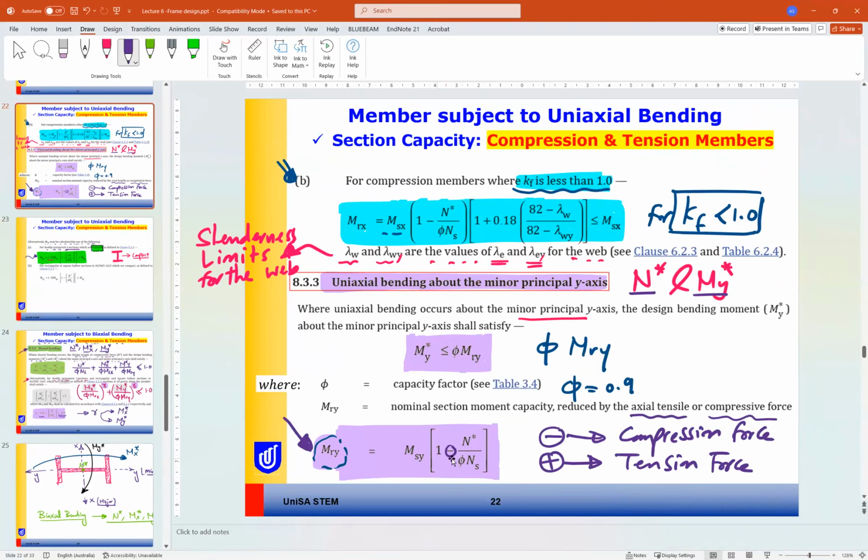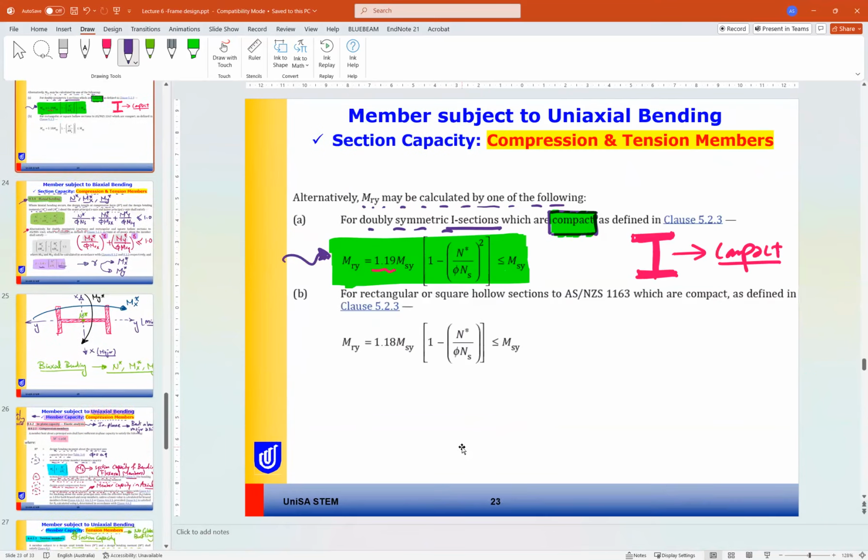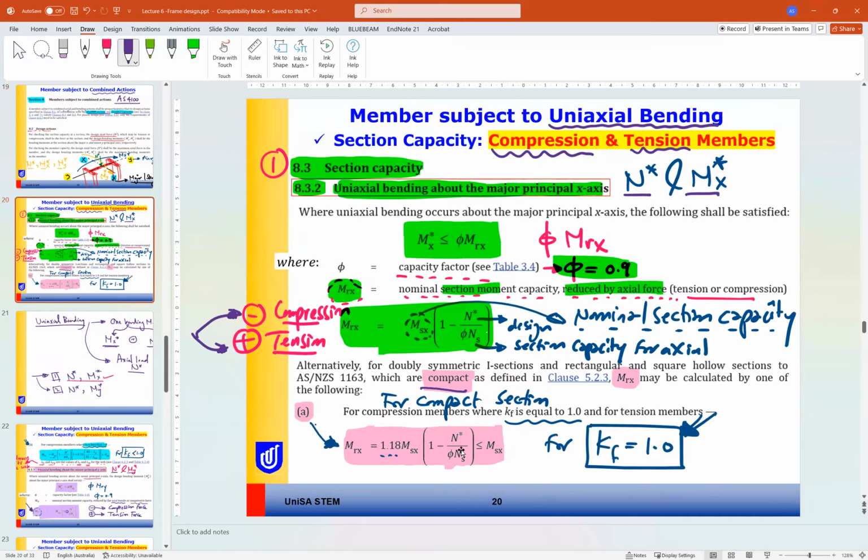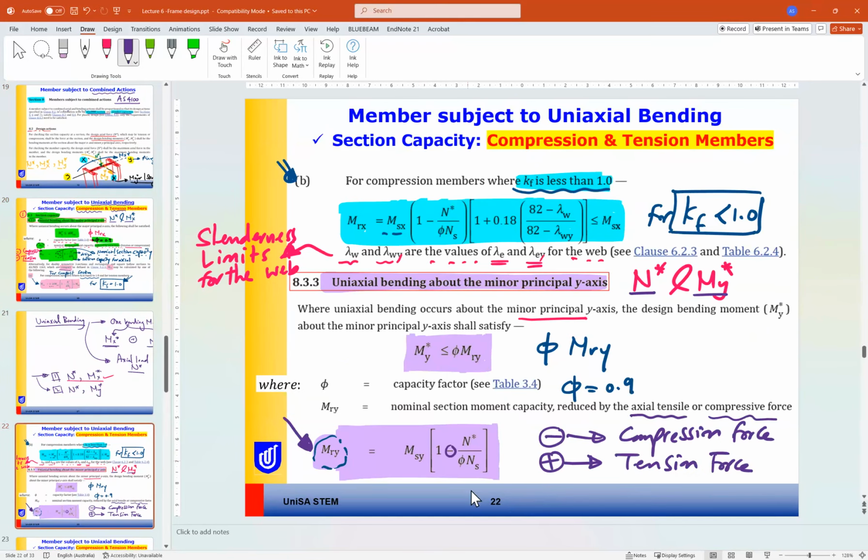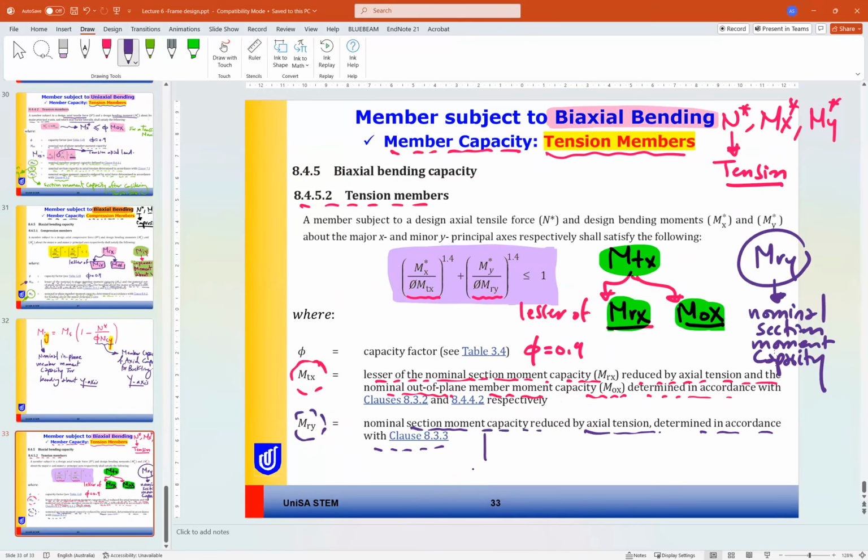So MRY equals MSY times 1 plus, here it will be plus because the force is tension force, multiplied by N asterisk divided by phi NSY.